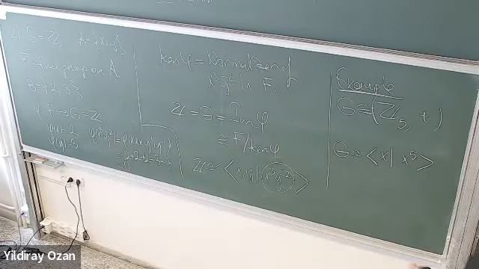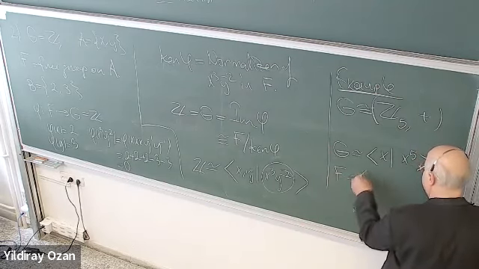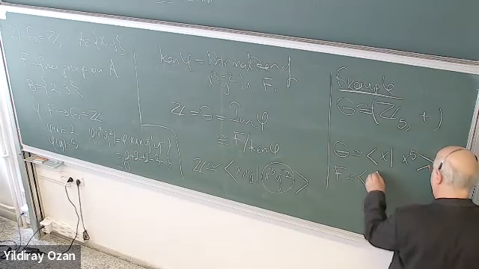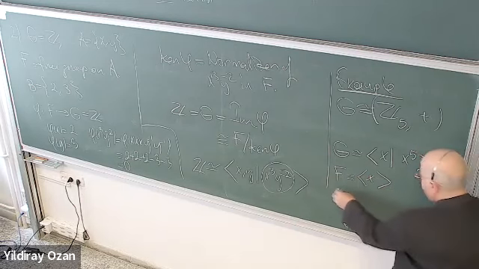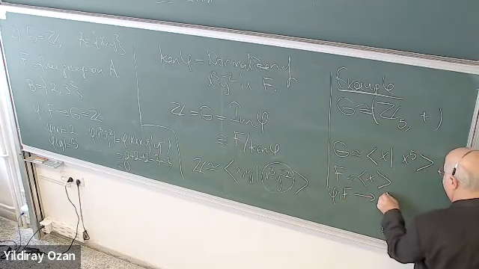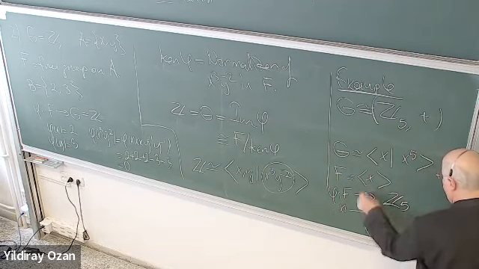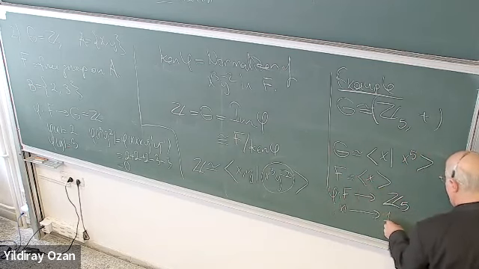So here F is again the free group on X. Let me write it this way: the free group on X. And the homomorphism we take from F to Z5 is the map sending X, this generator, to 1.